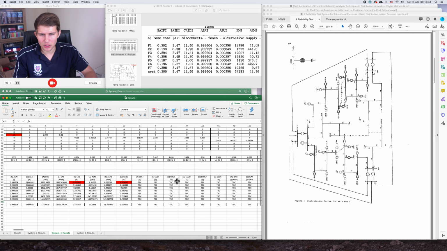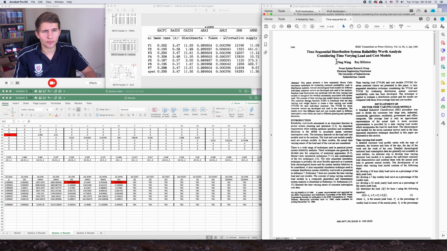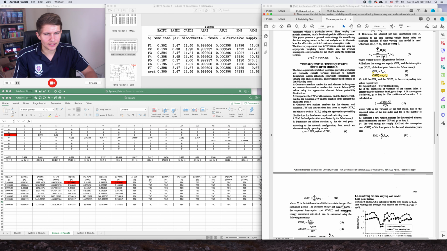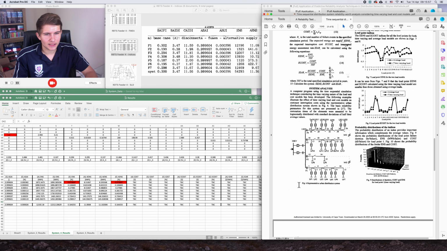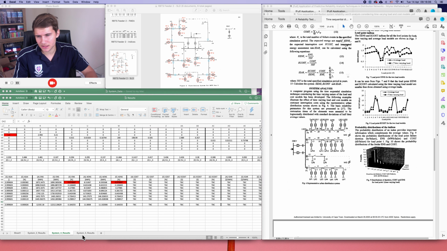And then to get to the cost stuff here, I started working using his second paper that would introduce the system reliability worth indices to the same table. So we can see here, let me just scroll a bit down. This is supposed to be, I think it's bus 2, because it's only got the 4 feeders, so it is this bus here, and that's the system here, by the way.